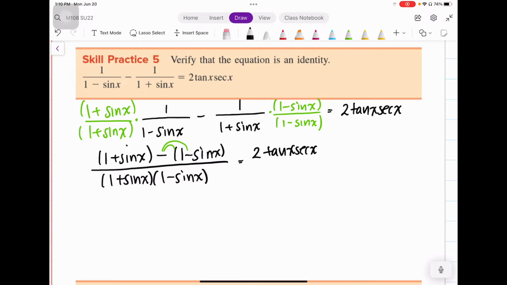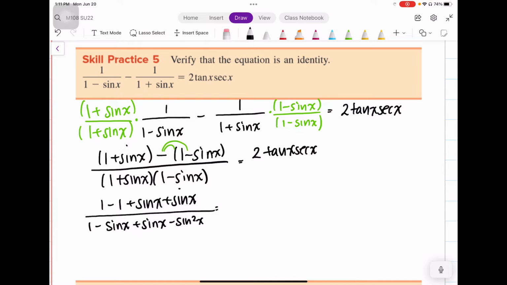So in the numerator, I'm going to have 1 minus 1 and sine x plus sine x over, first is 1 times 1, outer is minus sine x, inner is plus sine x, and last is minus sine squared x. And that's equal to 2 tangent x secant x.